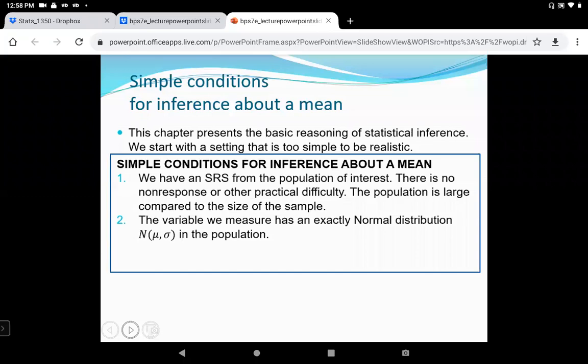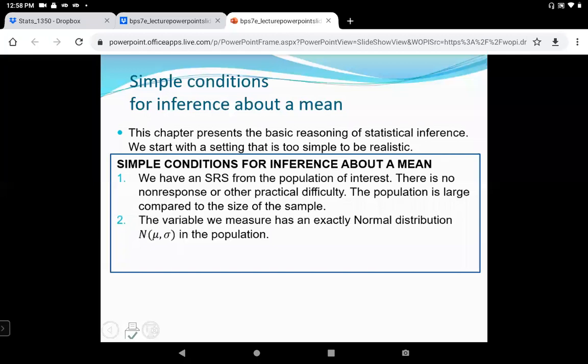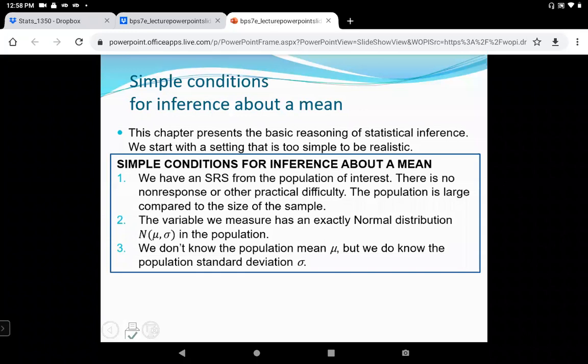The second simple condition is that the variable we measure has an exactly normal distribution, which we notate with a capital N, mu, comma, sigma, in the population. Remember, mu is the mean and sigma is the standard deviation. And the third criteria is we don't know the population mean, but we do know the population standard deviation.